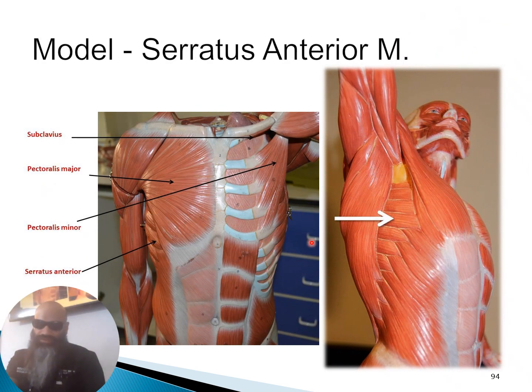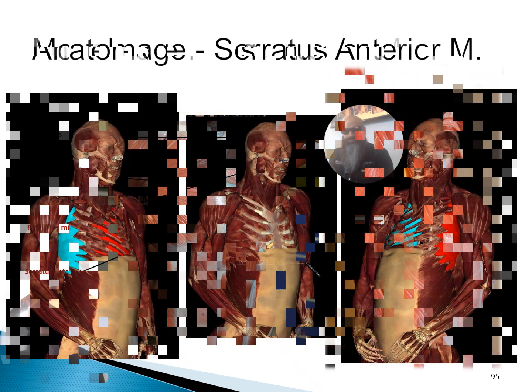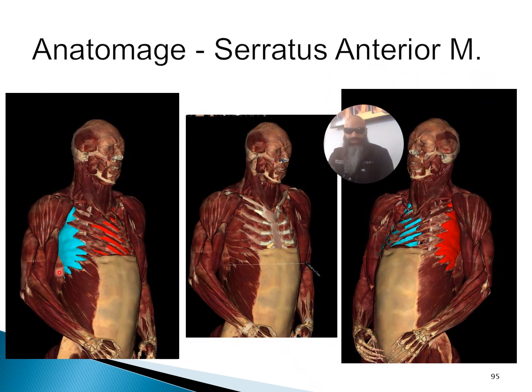And here's where it's located, kind of giving you a shredded effect. Here it is on the Anatomage. You can see it originates from those ribs. That's your anchor. The insertion is the medial part of your scapula. If it's pulling it, it's allowing that to open up.